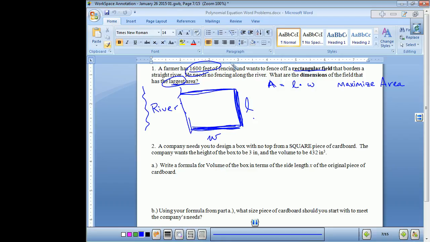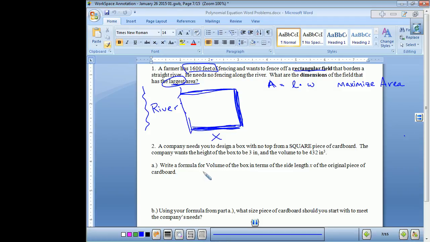Okay, so far we've completely ignored the fact that we have 1,600 feet of fencing. The problem gave us one number. Let's use it. How can we use it? If I stick to two variables, it makes the problem much more difficult.